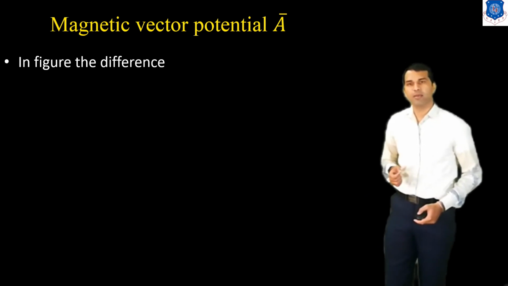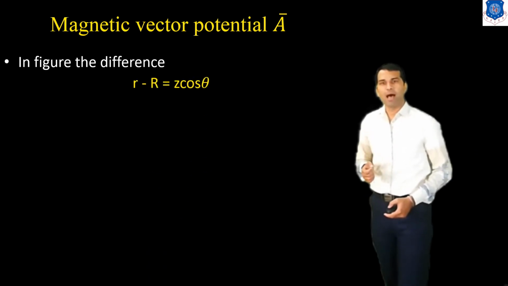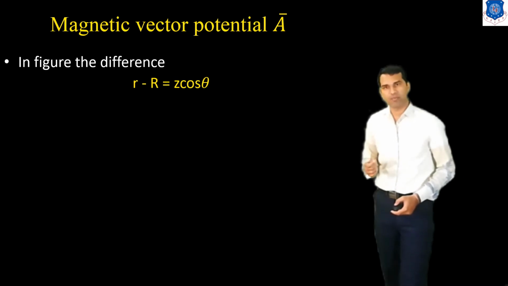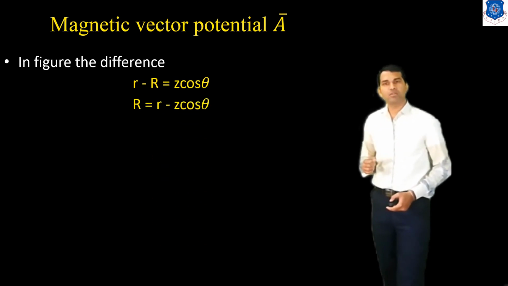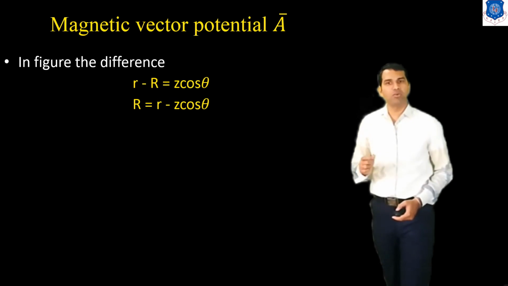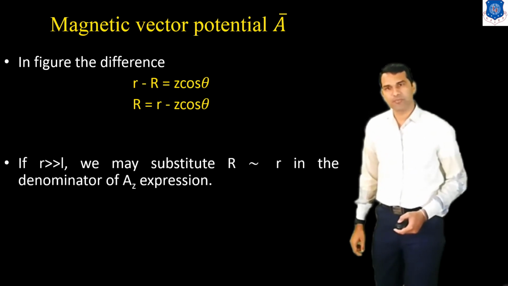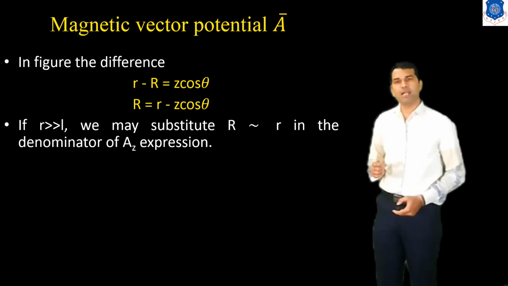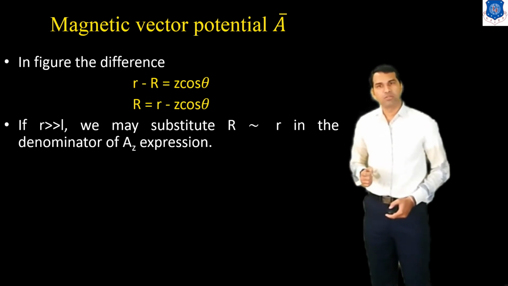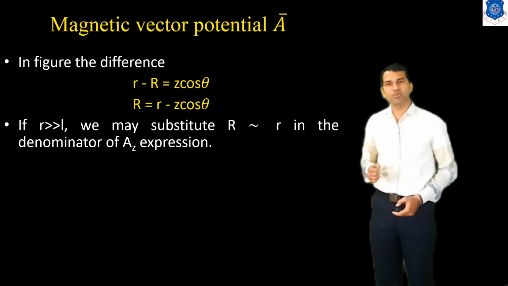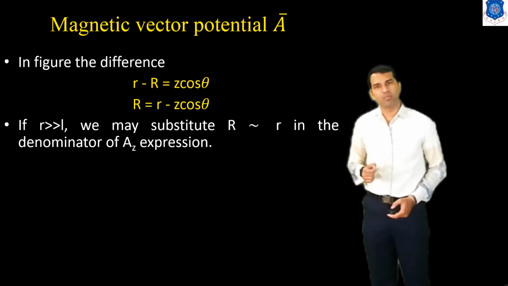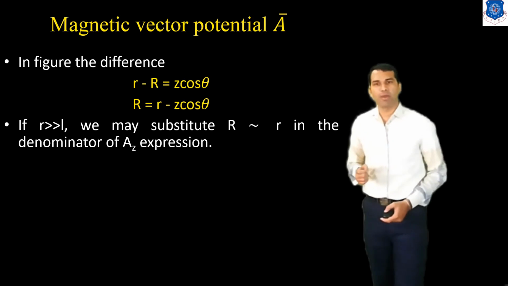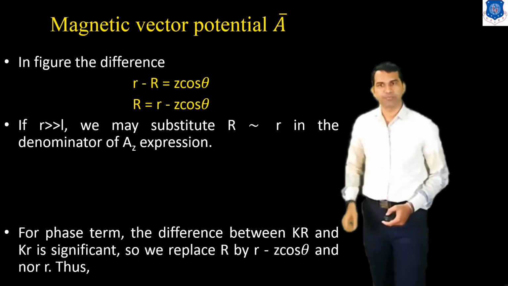So now we start this integration process. In the figure, the difference r minus small r is equal to z cos theta, so we can write small r equals r minus z cos theta. Now if we consider r greater than l, we may substitute r proportional to small r in the denominator of the Az expression.